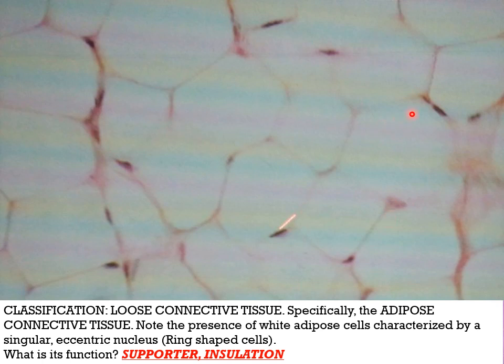Kung mapapansin nyo, bawat adipose cell, ring shape sila and walang kulay sa gitna. Bakit kaya walang kulay? Again, your fats resist staining. So, wala talagang kulay yung mga yan. Kailangan nila ng special staining technique para ma-appreciate nyo yung buong cell.